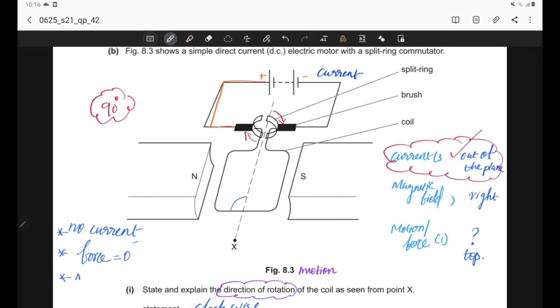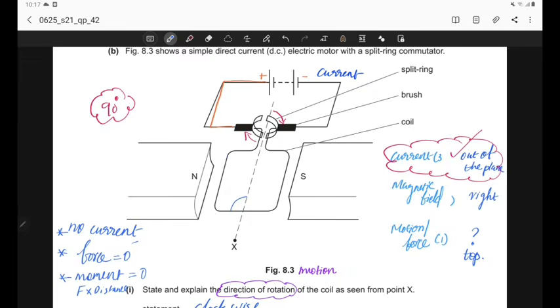If the force is zero, the moment will be zero because the equation of moment is force times perpendicular distance from the pivot, where force is zero, so the moment will be zero. But even though there is no force, the coil will rotate.